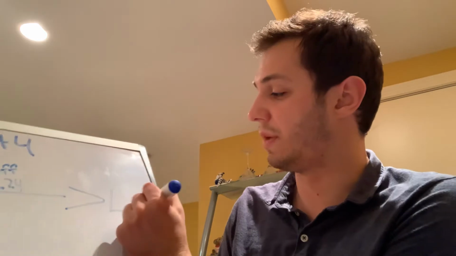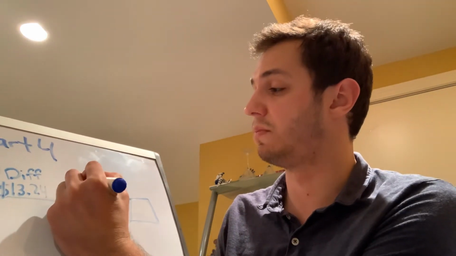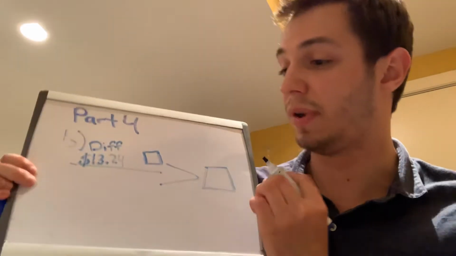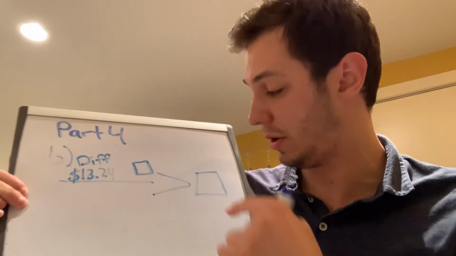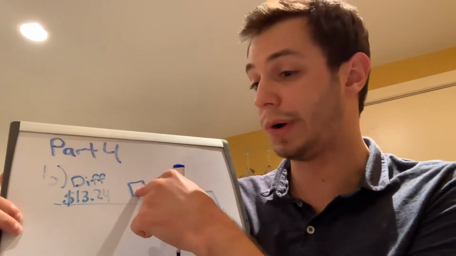So in this case, my difference number is $13.24. Now, this will be where the big item goes, and this will be where the small price goes. Remember, the item that costs more will go here, and the item that costs less will go here.